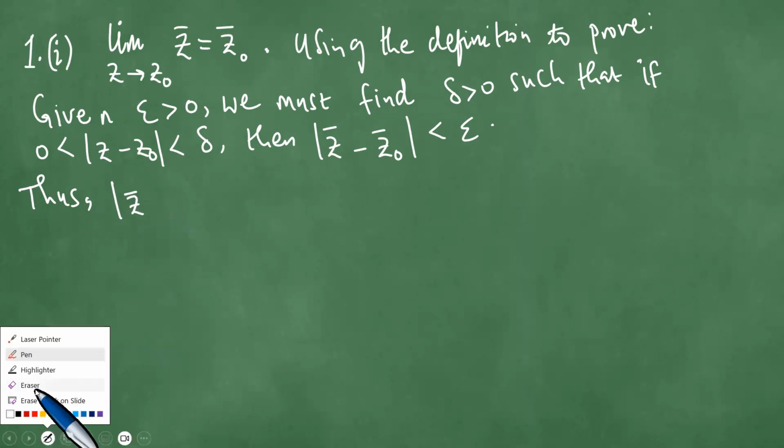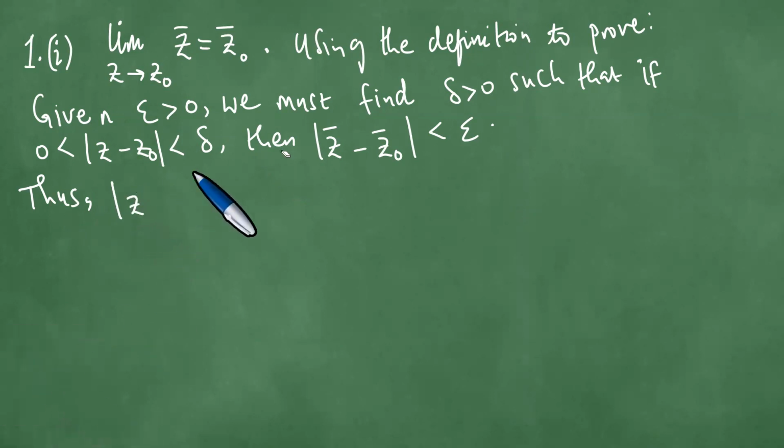Now we begin by focusing on this part here. So we say with that part, z bar minus z naught bar, which is the complex conjugate of z, the complex conjugate of z naught.